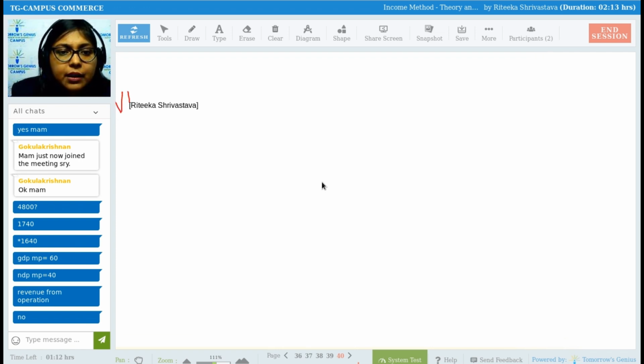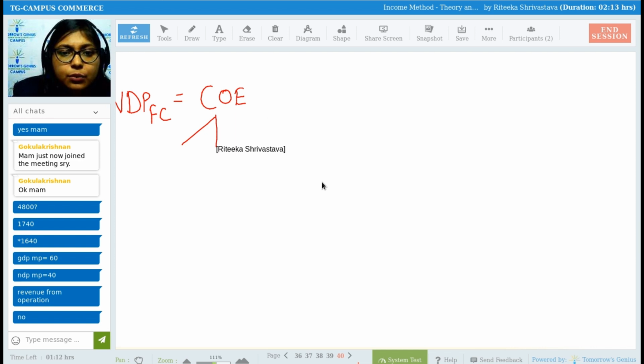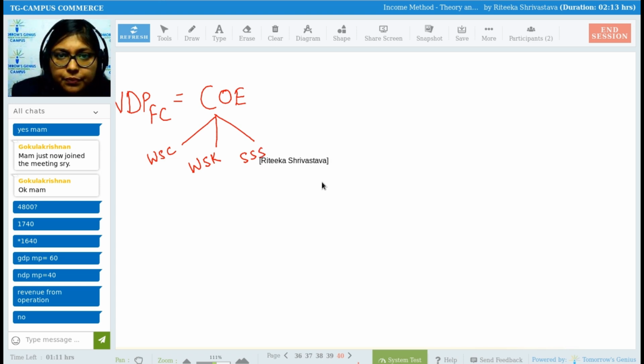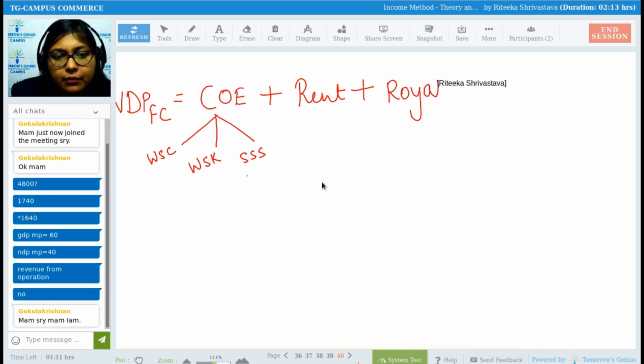Now, just to revise, the income method is represented by NDPFC, aggregate NDPFC. The first component which we saw was compensation of employees, which is divided into three parts: wages and salaries in cash, wages and salaries in kind, and social security schemes. Plus next was rent, and plus royalty.